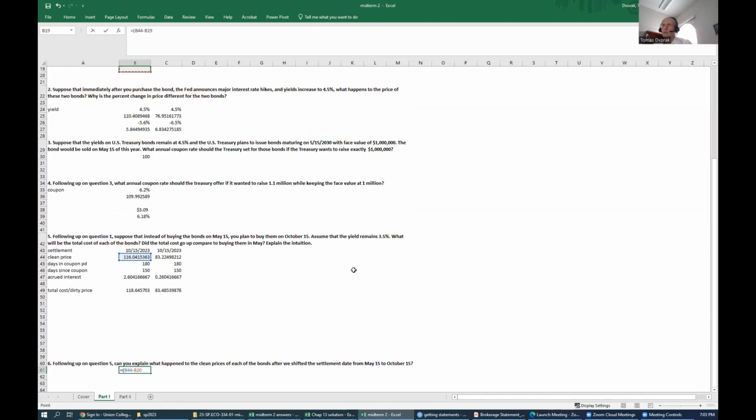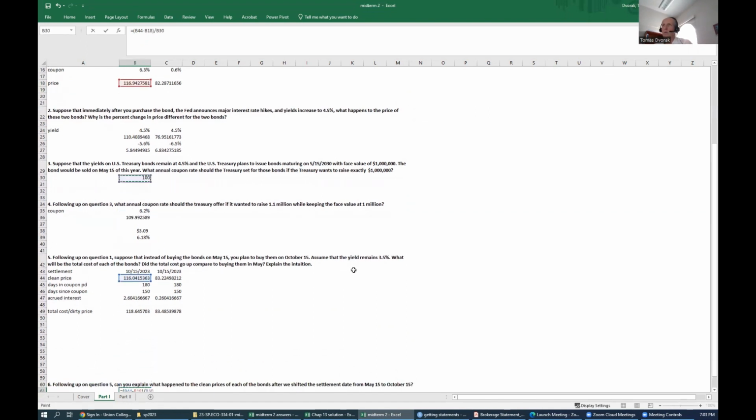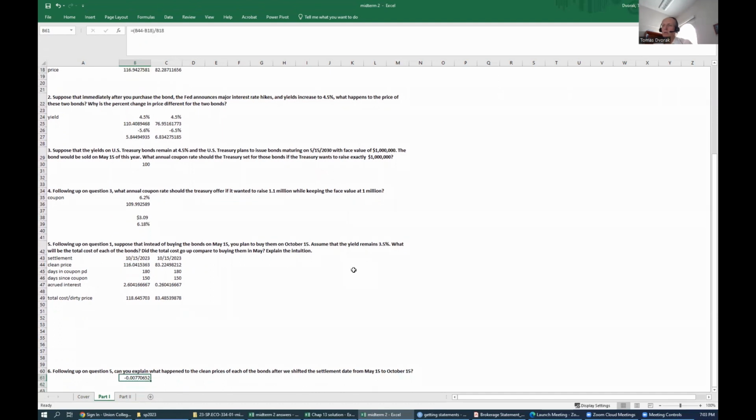The price of the bond is here, and let's calculate it as a percentage, although we don't need to do that. So the price of that bond actually went down. The clean price went down, but the price of the low coupon bond actually went up.